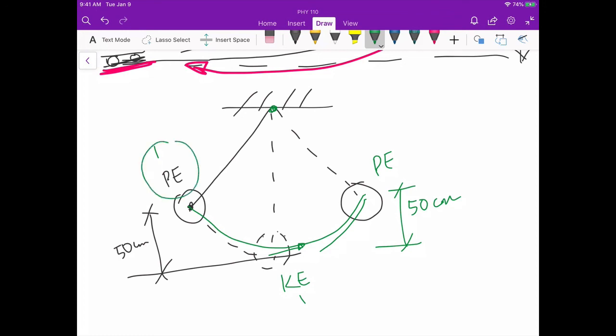If there's no air resistance, this pendulum will continue swinging back and forth forever, gaining that 50, losing that 50 to a maximum kinetic here, and then losing that kinetic here to fully potential here, and so on and so forth.